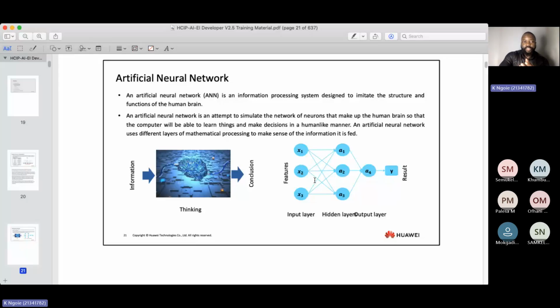So in supervised learning, when I have these features, I also give the model what was the output of that feature, which was healthy or unhealthy.